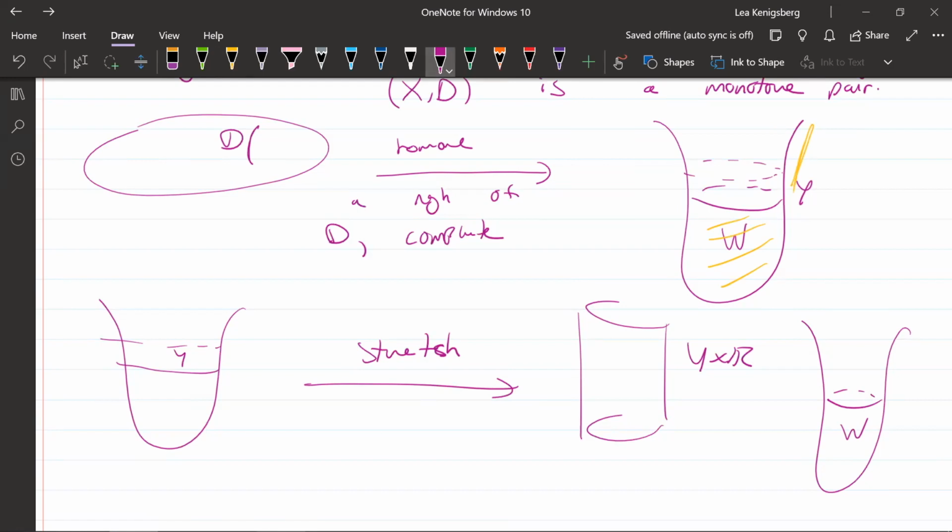If you had some curve here, something like this, then after you stretch you will get some Floer curve here which has three outputs, and then some holomorphic planes here.